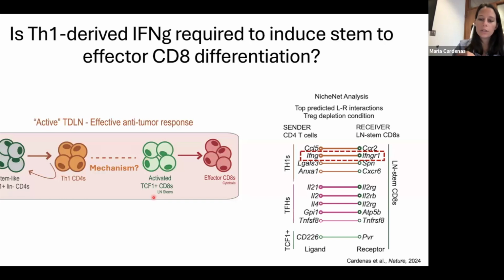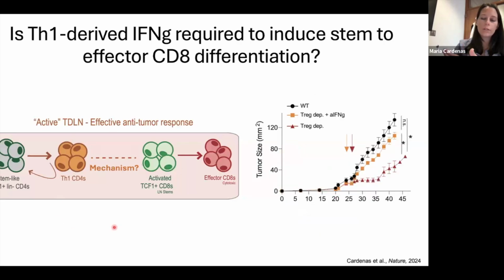From the single cell RNA-seq analysis I showed you before, we also sequenced the CD8 T cells, and we did this NicheNet prediction analysis that can predict ligands and receptors that are probably interacting within this Treg depleting compartment that drives effector differentiation of CD8s. One of the primary hits, there were a lot, but one of the main hits was interferon gamma, through the interferon gamma receptor on stem-like CD8 T cells driving this response.